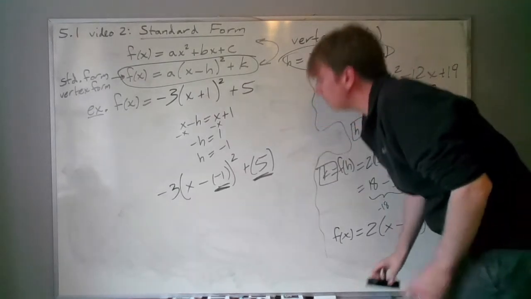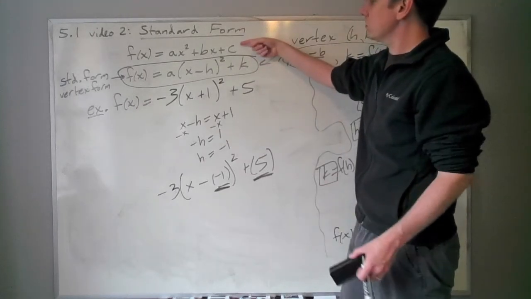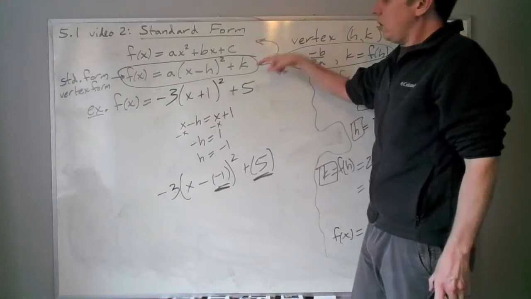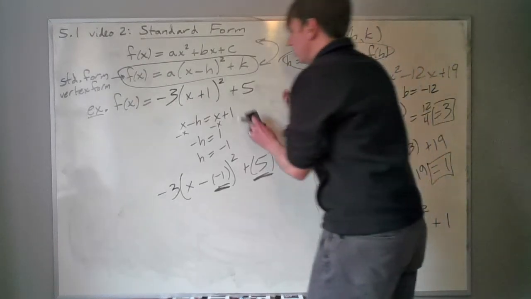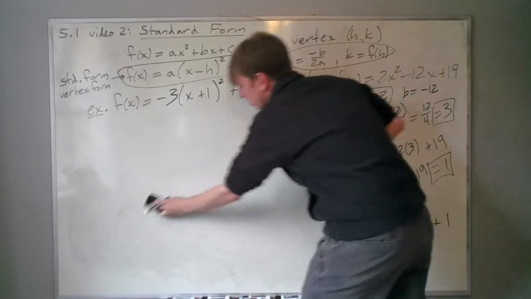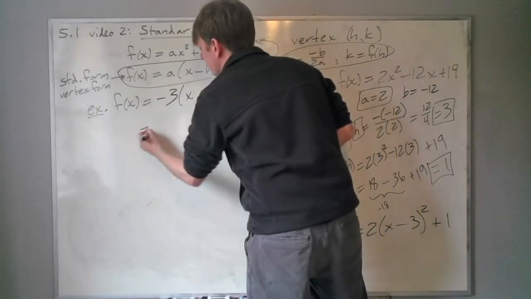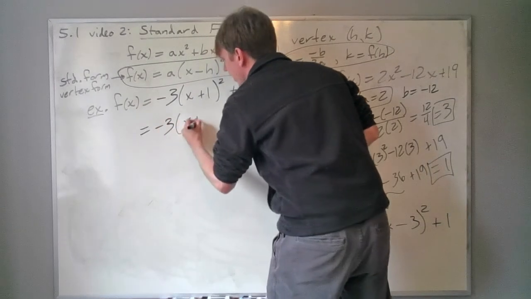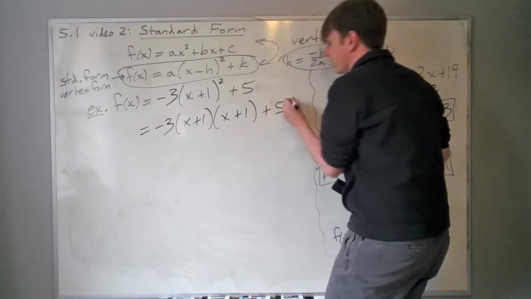Okay, anyway, if I want to try and find the alternate version of the quadratic function, all I have to do is just distribute everything. So that shouldn't be that complicated. So let's try that. So if I wanted to find the normal form or the ordinary form that I'm used to seeing, all I have to do is say x plus 1 squared is x plus 1 times itself, and then FOIL and distribute.